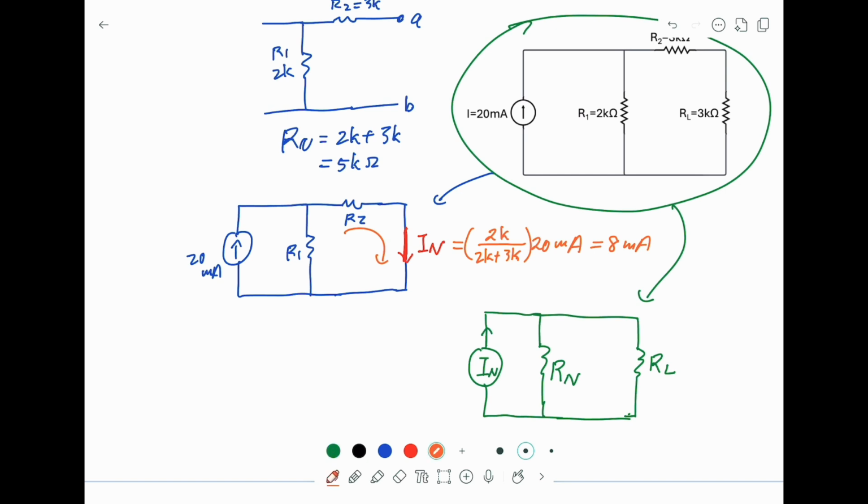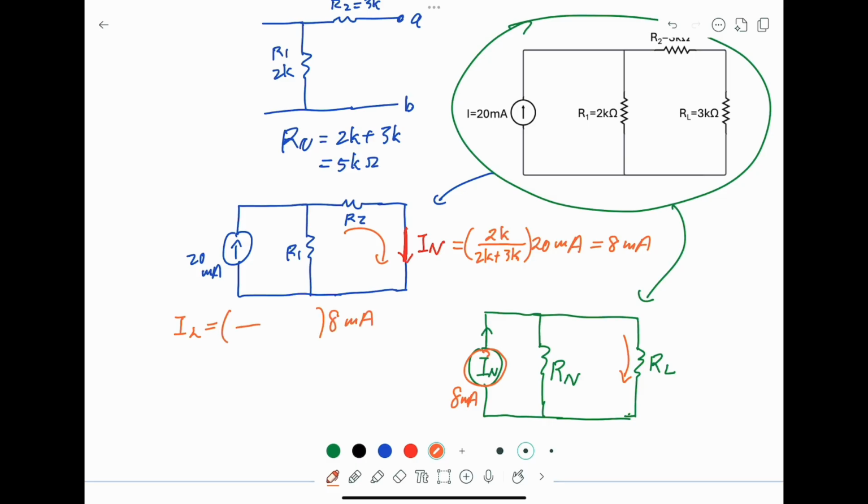To find the current passing through the load resistor, we say this is IL, and again this is proportional to the IN, in this case 8 milliamp.